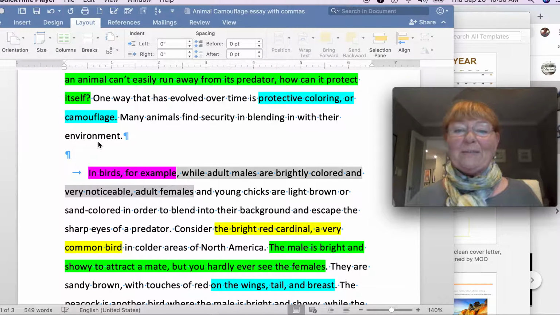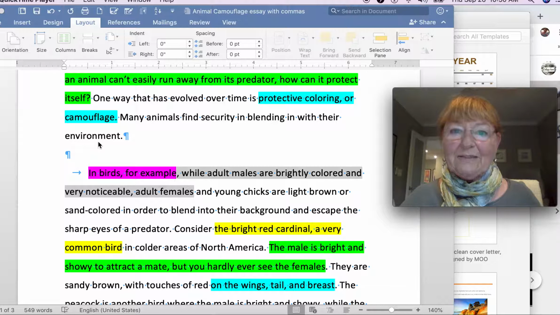More commas. One way that has evolved over time is protective coloring, comma, or camouflage. Very frequently in writing, we explain what we mean by saying something, comma, or something else. What that means is we're using synonyms.